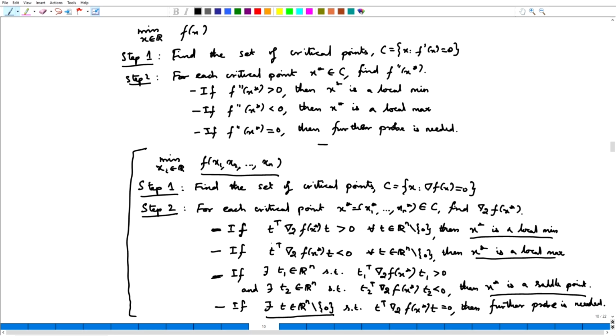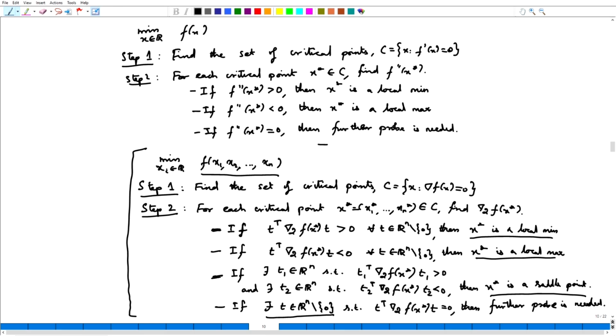If it turns out that t transpose Hessian t is positive for every non-zero t, then your critical point x star is a local min. If it is negative for all non-zero t, then x star is a local max. If you have one t such that the quantity is positive and another t where it is negative, then x star is a saddle point.